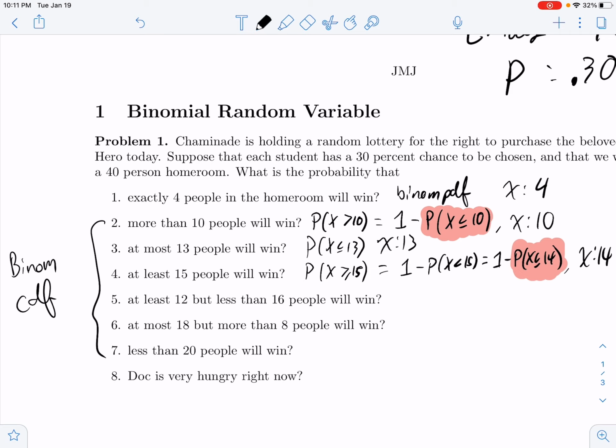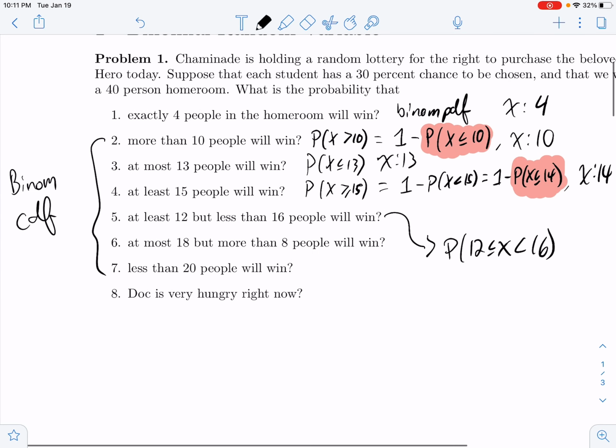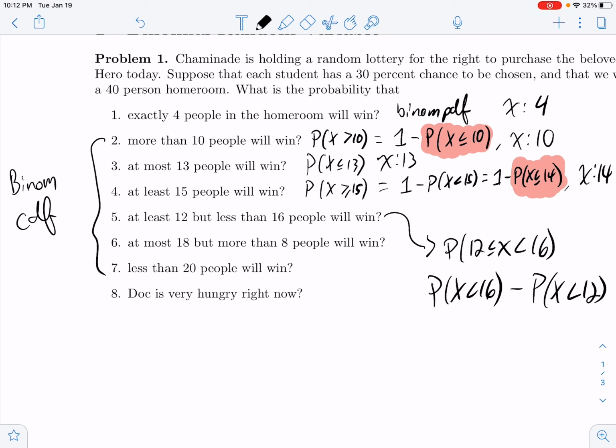All right, so for number 5, at least 12 but less than 16. So this is the probability 12 is less than or equal to X is less than 16. If you remember how to split this up, this is the probability that X is less than 16 minus the probability that X is strictly less than 12. The smallest X can be is 12, so we want to subtract everything less than 12.